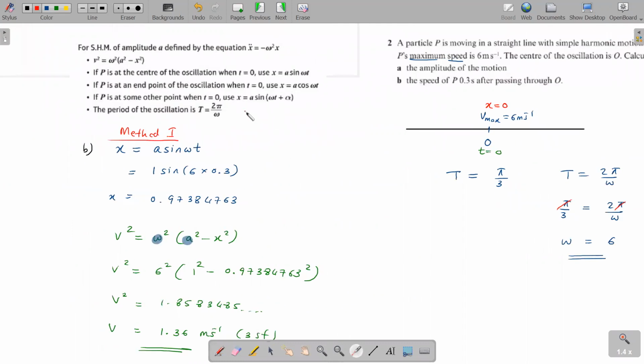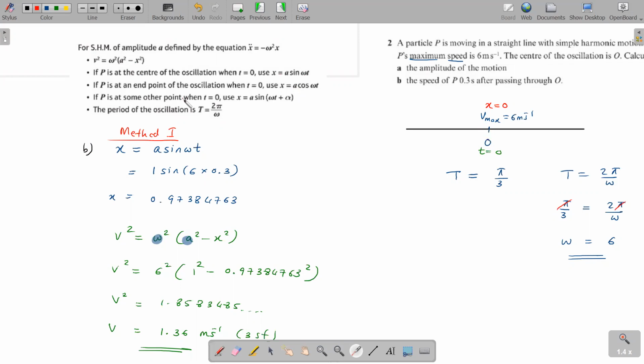When you look at these equations, do we have a direct relationship between the speed and the time? The first equation has a relationship between the speed and the displacement, but none of the equations over here has a direct relationship between speed and time. Do you agree? I have a relationship between velocity and displacement, between time and displacement, but not between speed and time.